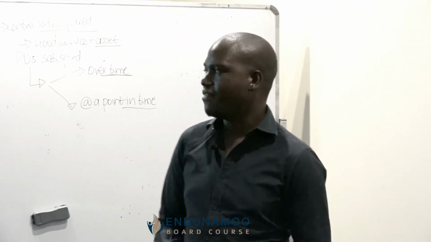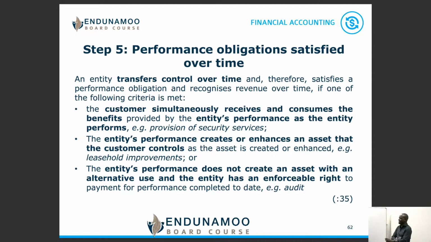In paragraph 35, they are saying that an entity transfers control over time, and therefore the performance obligation revenue is recognized over time, if one of the following criteria is met, just one. So out of these 3, in an exam, you might be required to talk about all of them so that you get to the correct one which is met. So what is the first one?